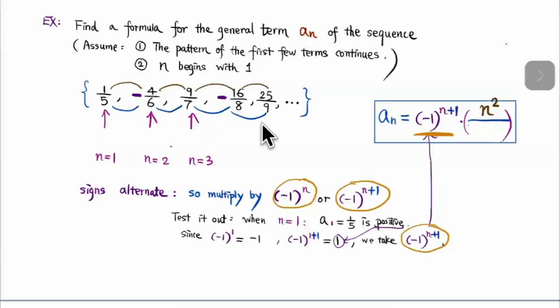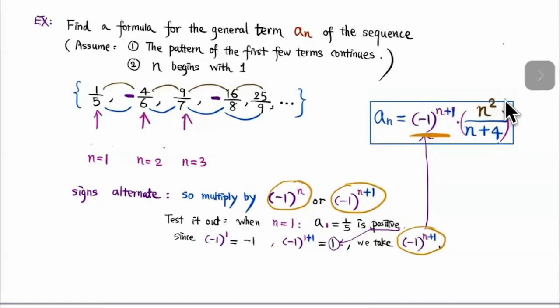Okay, so that is n plus 4. See, this 5 is 1 plus 4, and here is 2 plus 4, 3 plus 4, etc. Okay, so you find the general term for the sequence. Okay, so that's how it is. First, take out the sign, and then you look at this. Any question over here? Okay.